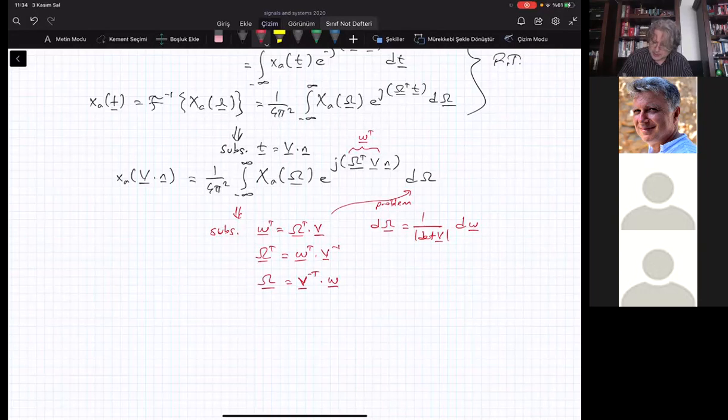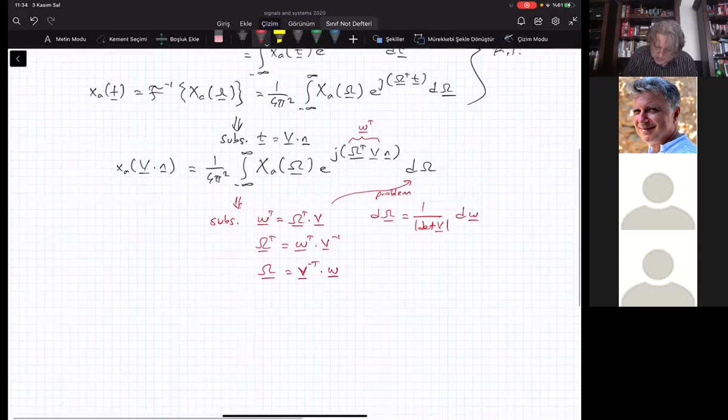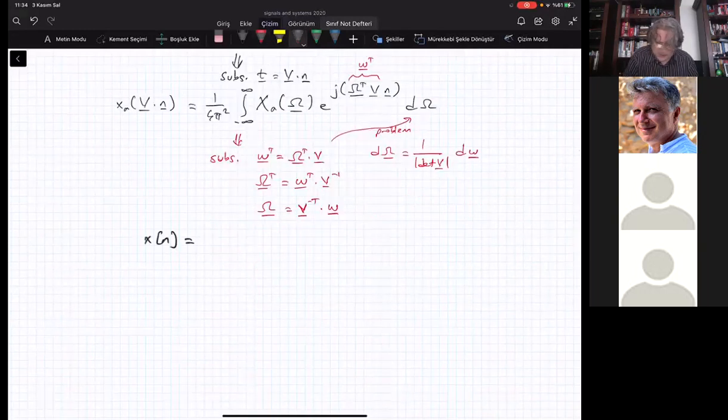So I will substitute omega with the last thing that I wrote, and d omega will be 1 over determinant times d omega. These are the substitutions that I will make to come up with the final expression, which gives me x of n is equal to 1 over 4 pi squared integral.